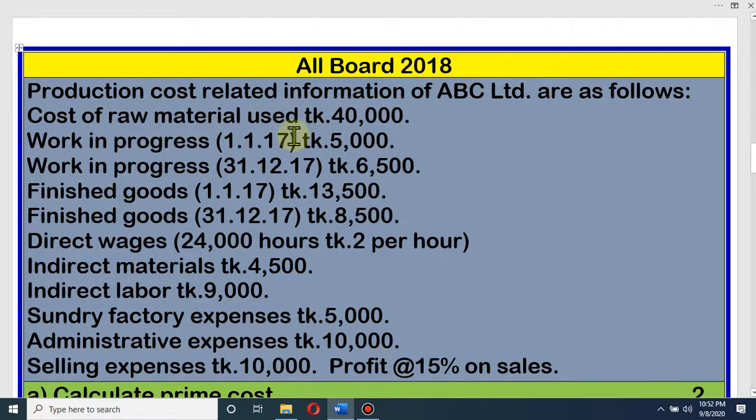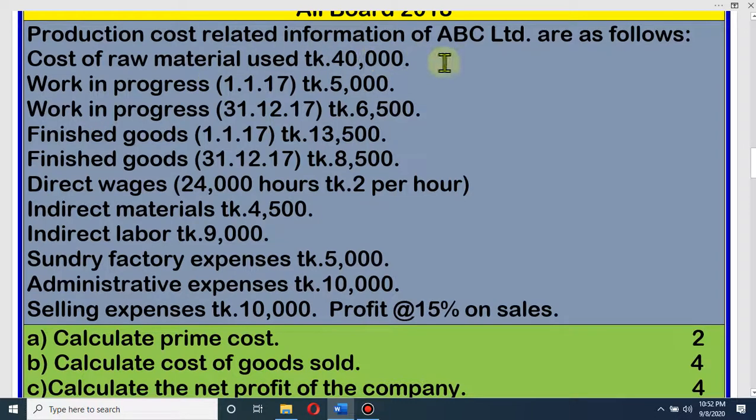Dear student, look at the production cost of ABC given below. Cost of raw materials, work in progress, finished goods, direct wages, indirect materials, indirect labor, sundry factory expense, administrative expense, and selling expenses.